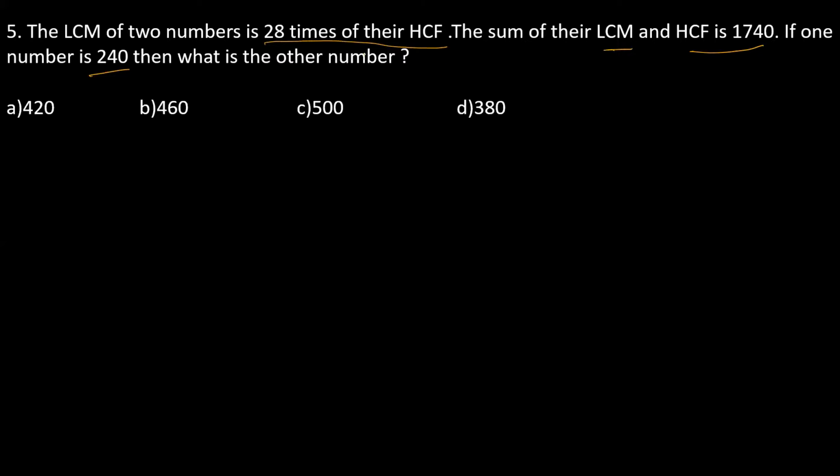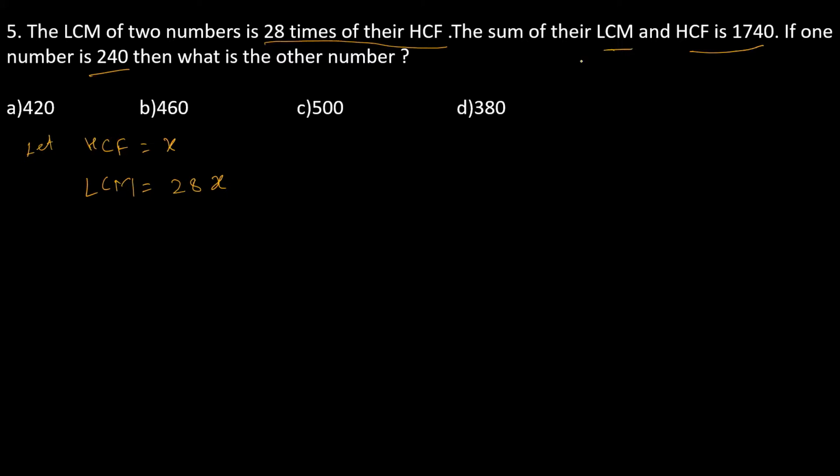Read the question twice and thrice, and then understand what is given, what you have to find. So from the question, we don't know what is the HCF. Okay. So let HCF is equals to X. So then what will become the LCM? 28 times of their HCF, right? 28 times means 28 into X will become 28X.